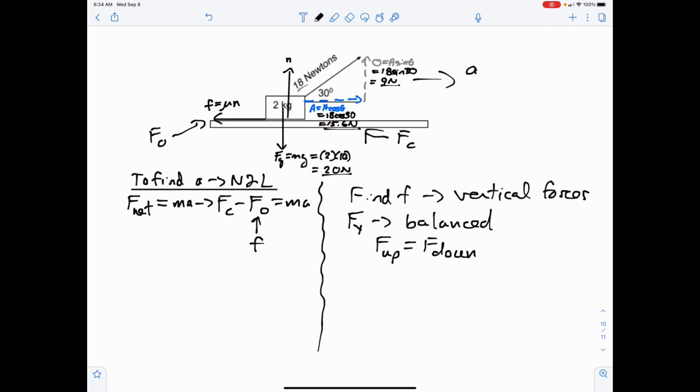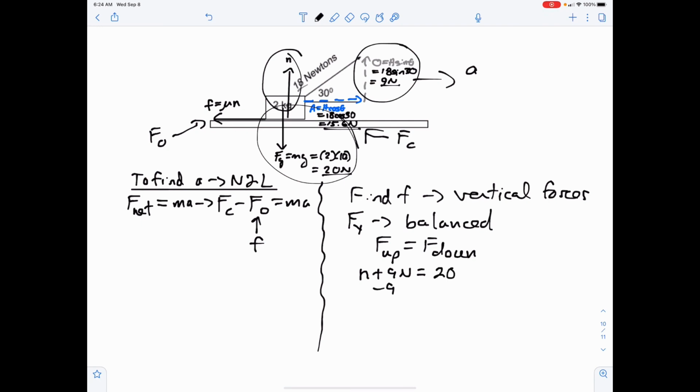Forces up, well, there are two of them. There's normal force, and there's the opposite side of the triangle there, which is the 9 newton force. So normal force plus the 9 newtons equals the downward force of gravity, which is the 20. Subtract the 9, and normal force is 11 newtons.